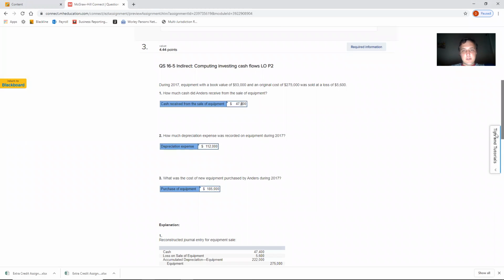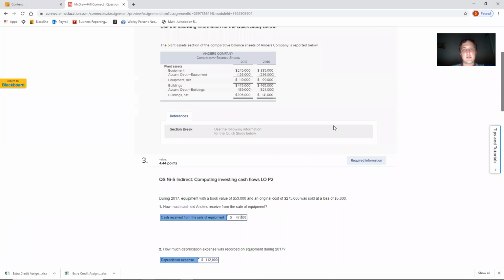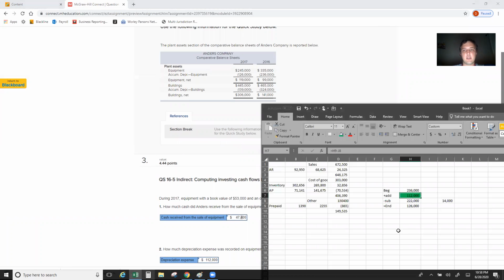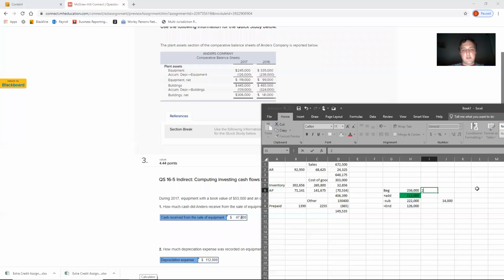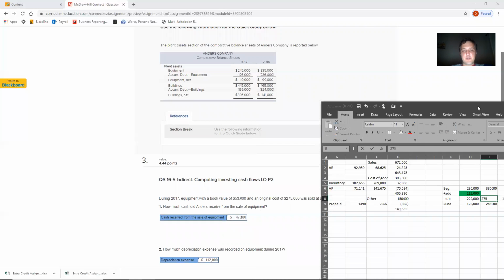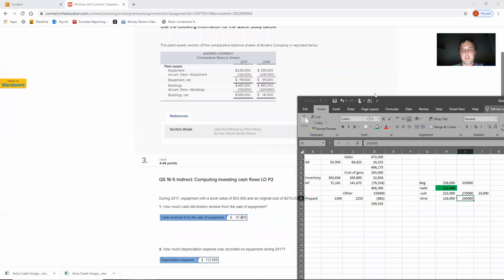What was the cost of the new equipment purchased? Okay, so same thing. We started with 335 and ended with 245,000. We had an original cost of $275,000 that was disposed of.